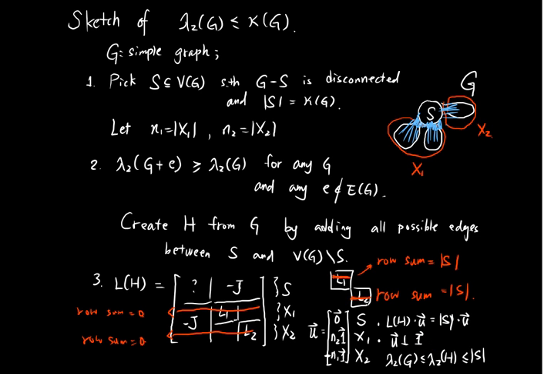So s is greater than or equal to lambda 2 of H, and this is greater than or equal to lambda 2 of G. But s is exactly equal to kappa. So that completes the proof.